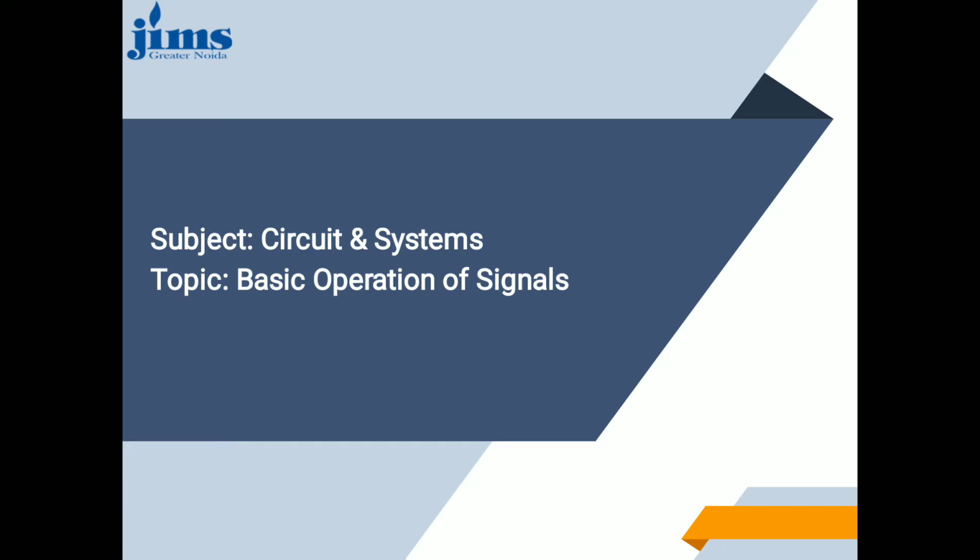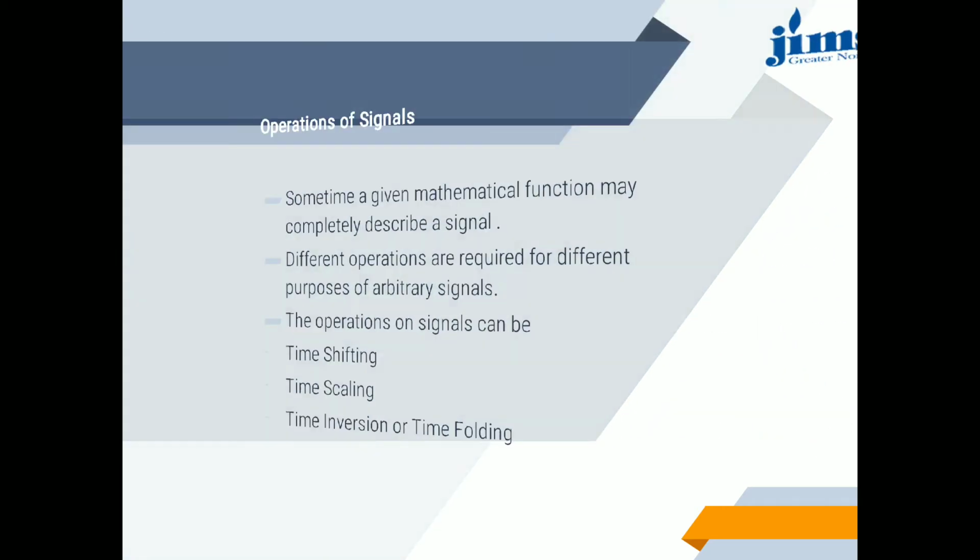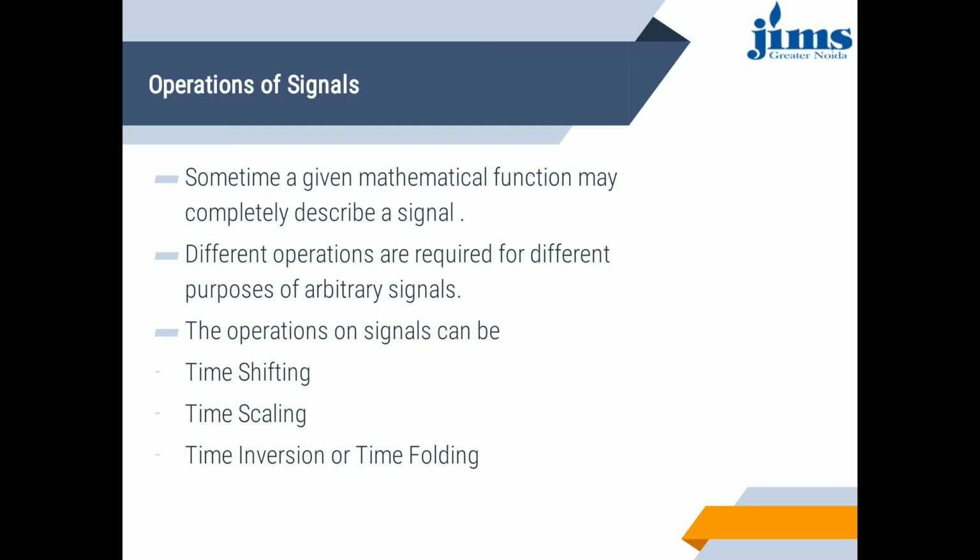When we process a signal, this signal may undergo several manipulations involving the independent variable or the amplitude of the signal. The basic operations on signals are as follows: time shifting, time reversal, time scaling, amplitude scaling, signal addition, signal multiplication.